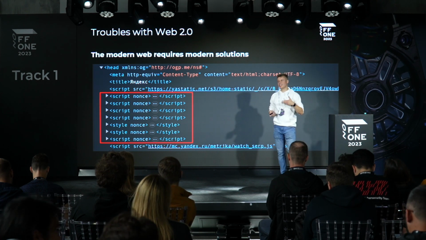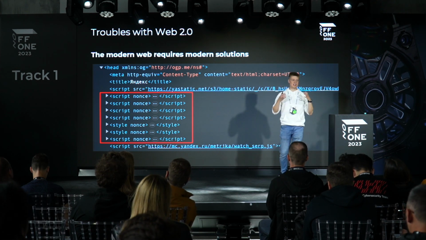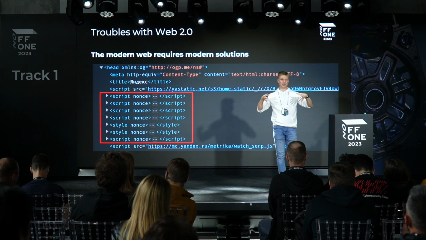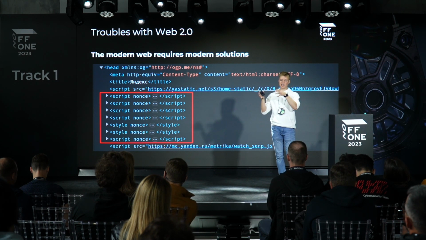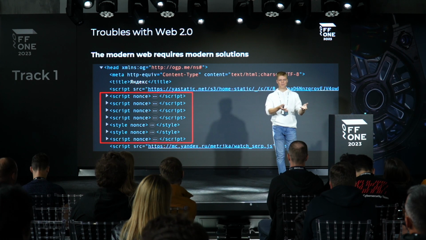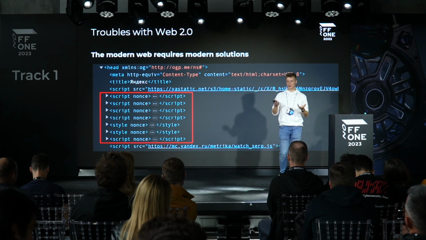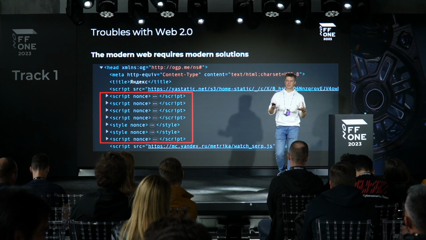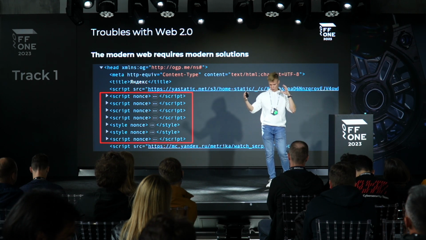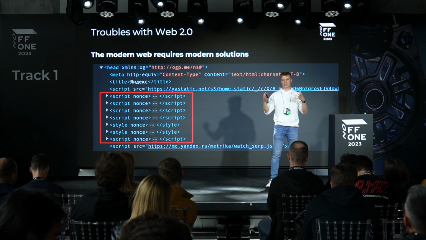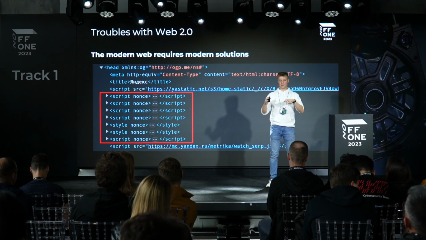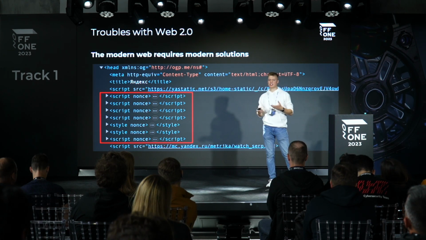It turns out that in the modern web, most developers delegate the process of collecting the final HTML page to the user's browser. So basically now when you enter the website, the user gets the basic structure of the HTML page and a set of scripts.